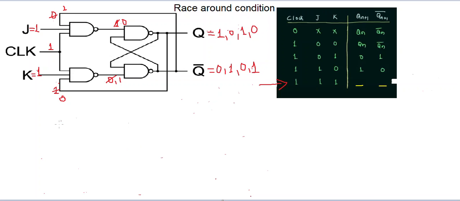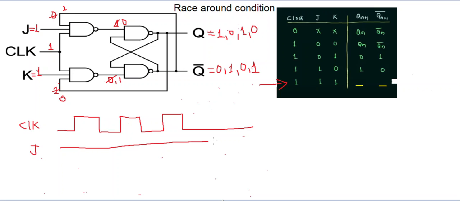Let's try to understand with the help of a waveform. I have my clock, which is logic low, high, low, high, low, and high, and I have my J input, which is high, and K input, which is again high.